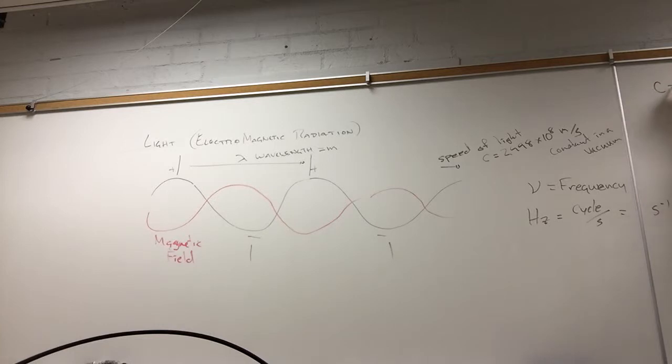And so the relationship is that c, the speed of light, is equal to lambda, which is the wavelength, times nu, which is the frequency. So c equals lambda nu. And dimensionally that works out.